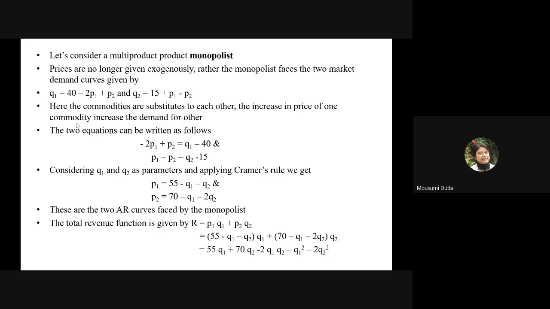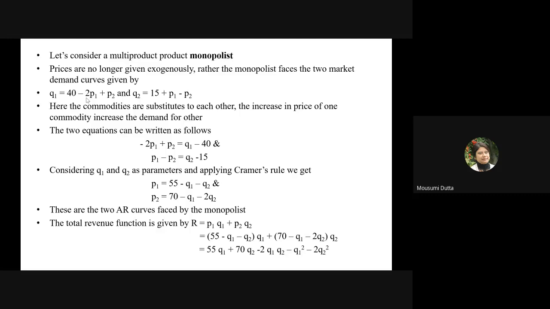Okay? Because if you consider P1 into Q1 plus P2 into Q2, this will give you 40 P1 minus 2 P1 square plus P2 P1, that kind of thing. And from P2 Q2, again you will get this kind of thing.